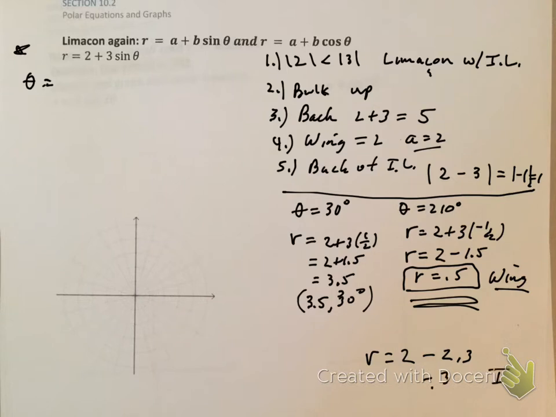And if I get a negative number, I know it's on the inner loop. The only way that I can multiply 3 times some decimal number is it has to be big enough so when I multiply it, it gives me something bigger than a 2. So what would that be? Well, I can tell you what it's going to be. It's going to have to be something that is close to the negative 1 that happens only when you're at 270 degrees.